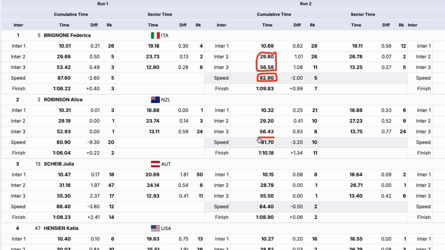The top speed here also gives us an idea coming from interval 3 all the way to the finish line, because this will also give us an idea of how someone maintains the speed, because at Solden the flat section is really, really long, and if you don't have good speed coming from interval 3 all the way to the flats, then you'll lose a lot of time, and that's obviously what has happened here. But it started a little bit higher up. It started right at this stage here, from interval 2 to interval 3. So we're going to have a look at that right now.